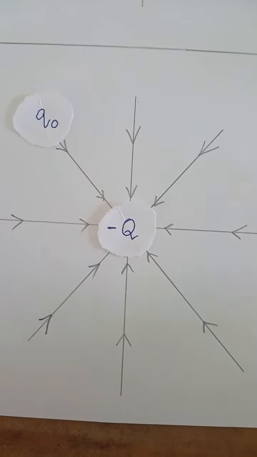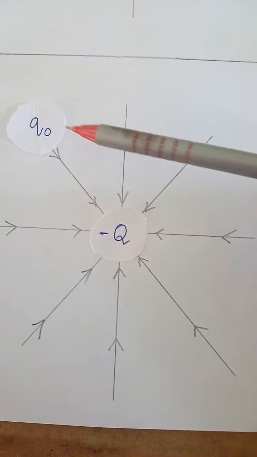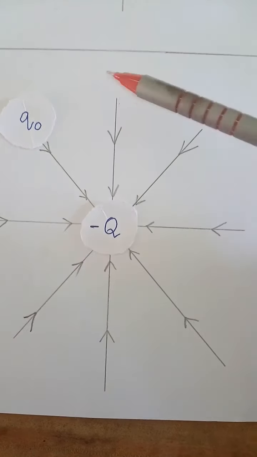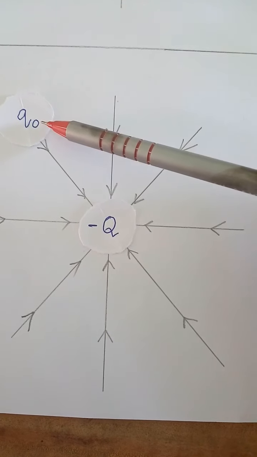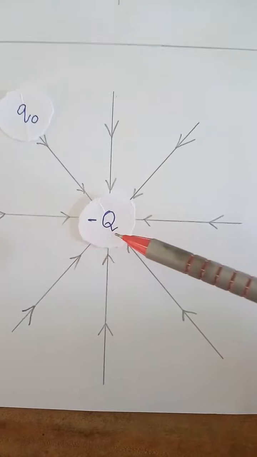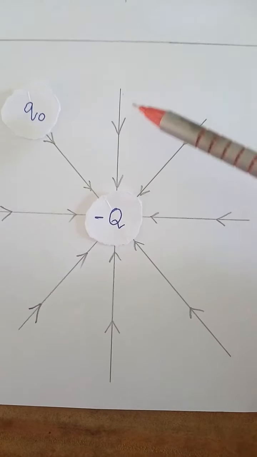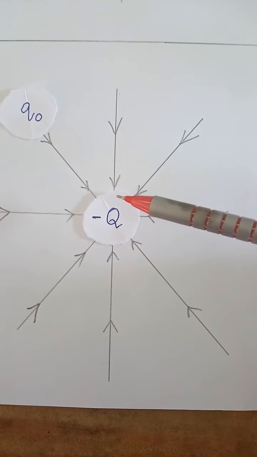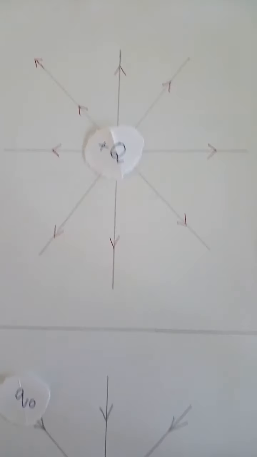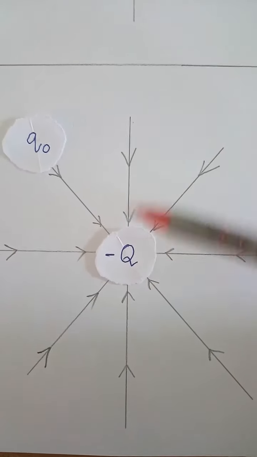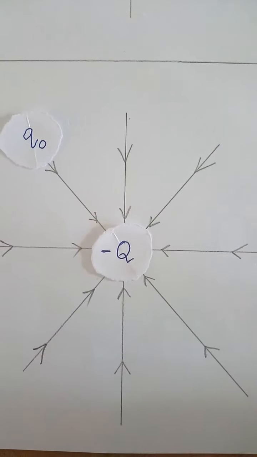So you can see that if this X is minus Q, a negative charge, then the test charge will get attracted and the field lines corresponding to this minus Q will be acting towards the charge. Previously we drew a situation where the field lines move away, and here the field lines are moving towards the negative charge.